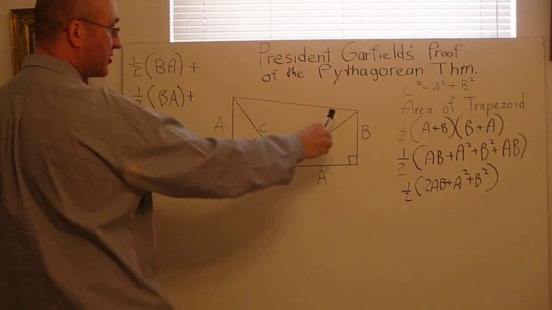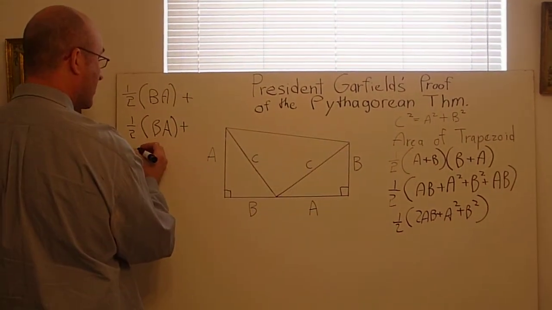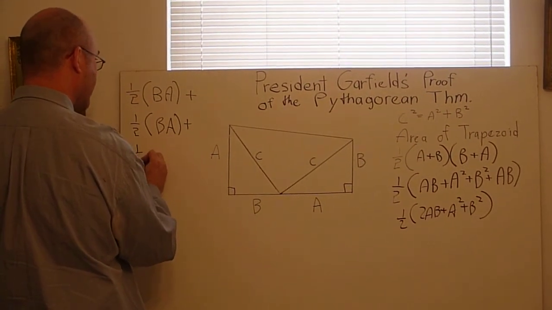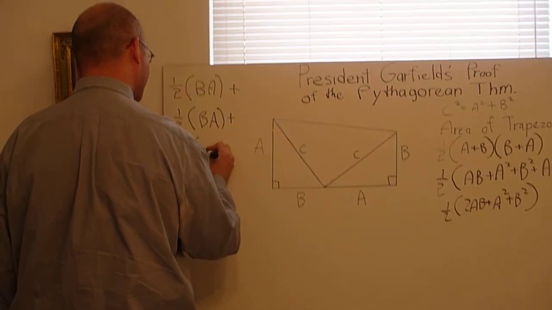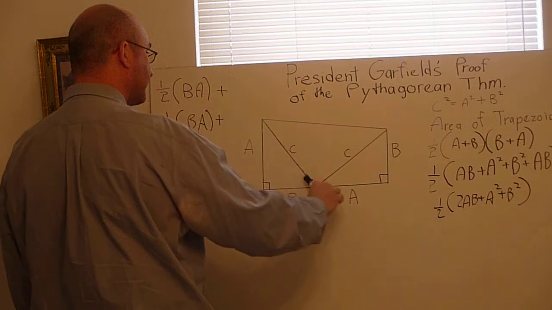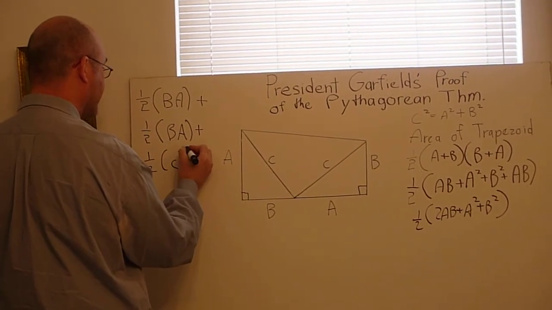And finally we have this triangle in the center. And that is 1/2 the base, C, times the height, C. C times C is C squared.